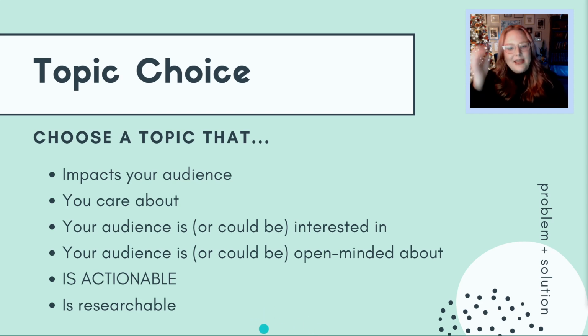And finally, make sure that you can find good, quality, reliable sources for your information. If the problem that you want to talk about is procrastination, for example, this is a problem that your audience definitely faces, everyone faces it.